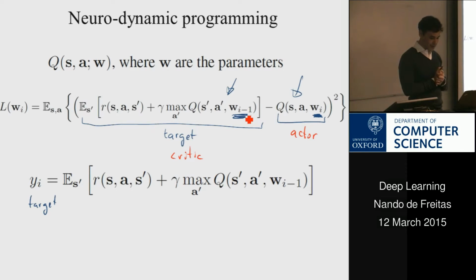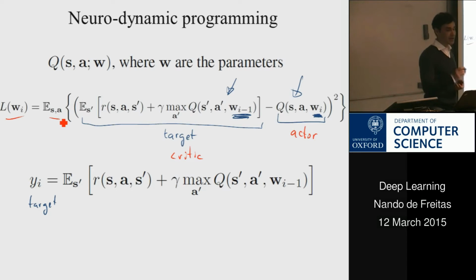Okay, so now all that's left, if you want to learn this neural network, we now have a loss function. The states and actions are over all the states and actions we're going to encounter in the environment. So if you're playing a game, you basically pick an initial state and initial action and sort of proceed from there.